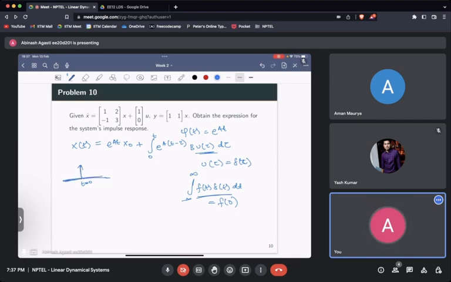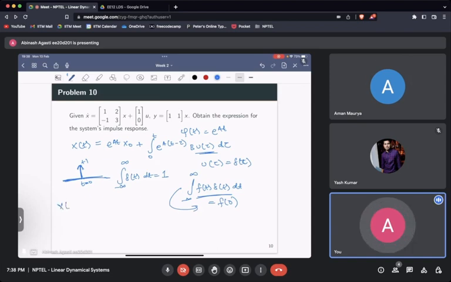At t equal to 0, the magnitude is such that the integral of delta t dt from minus infinity to infinity is 1. So the area under the impulse curve is 1, but it is concentrated at a particular point. When you take any integration of this form, we just get f of 0.